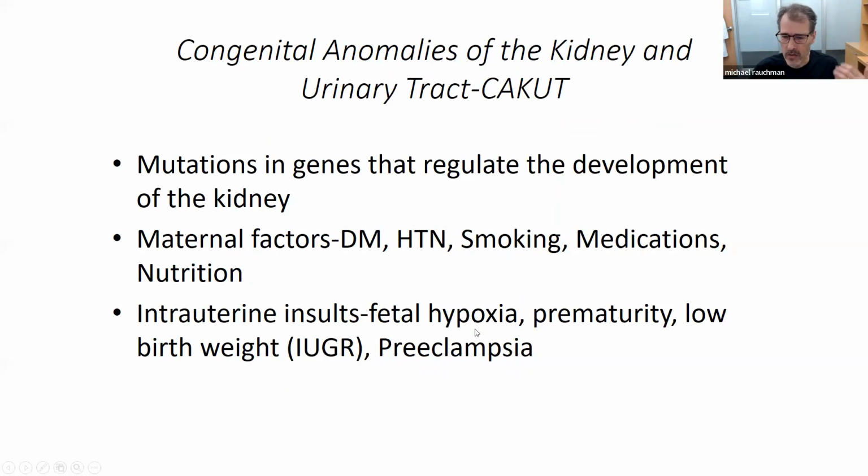And as I also mentioned, during gestation, if there's hypoxia to the fetus, if there's prematurity, if the fetus is not growing properly, the kidney will not form the proper number of functioning units. And this in and of itself, even without any genetic problem, can predispose to chronic kidney disease later in life.